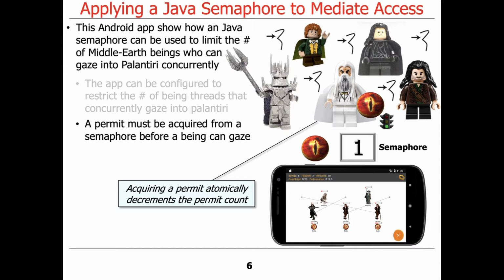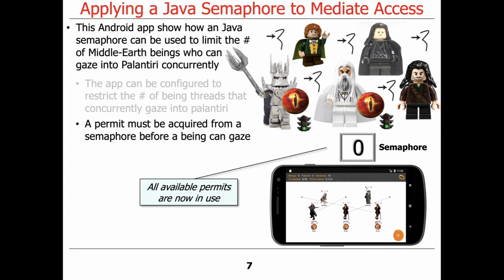So you can't start to gaze until you've got yourself a Palantir, and we use a semaphore to make sure that we don't try to dole out more Palantiri to threads than there are Palantiri that we want to have in use at any given time. So we use a semaphore to atomically acquire a permit, which will decrement the permit count by 1, and thereby grant access to the thread as long as the count is greater than 0.